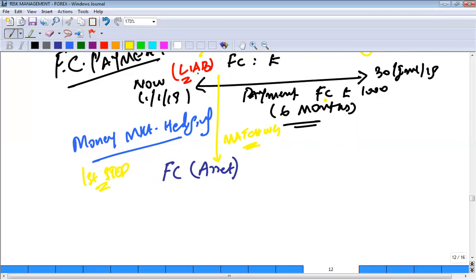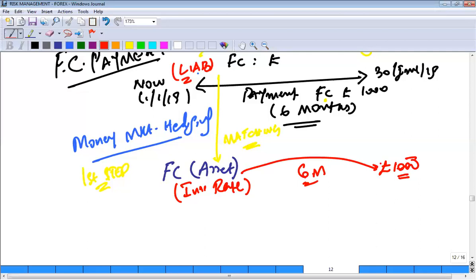But how much foreign currency asset do we have to develop? We have to develop the foreign currency asset in that amount that after 6 months it becomes sterling 1000. We have to make an asset now, enough amount with the investment rate, that after 6 months it becomes 1000 sterling.